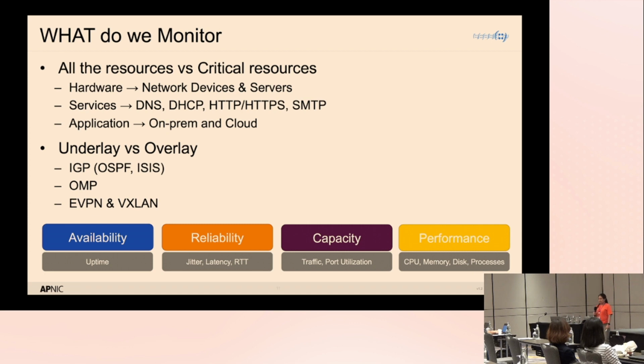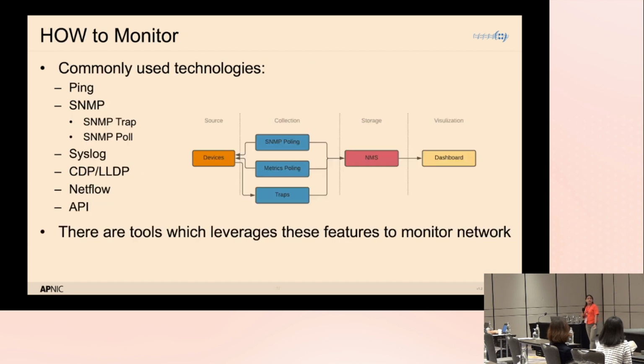Well, it's both, right? Because your overlay networks rely very heavily on the underlay networks. At the end of it, whichever you monitor, you need to look at availability, the uptime of the system, reliability, capacity, and performance. Okay?